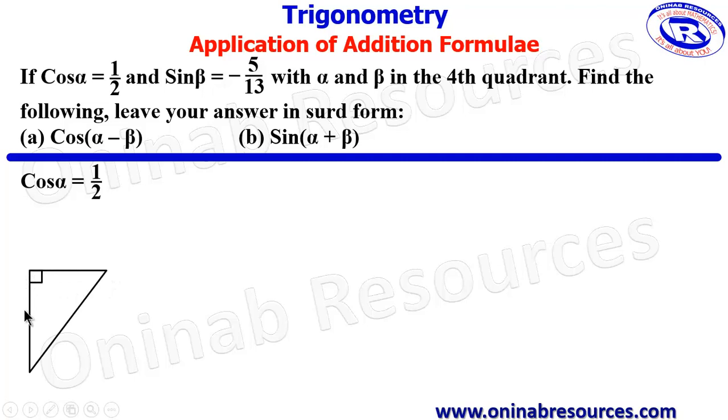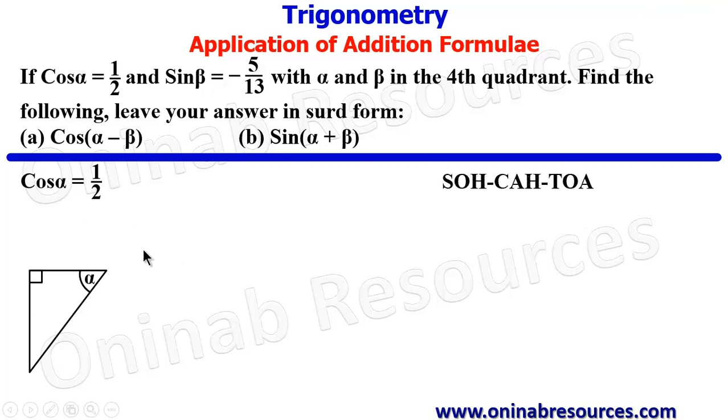Assuming it is extracted from the fourth quadrant, we have angle alpha here. And remember from trigonometric ratios, SOHCAHTOA, we are dealing with cosine here. So cosine is adjacent over hypotenuse, which means our adjacent is 1 and hypotenuse is 2.